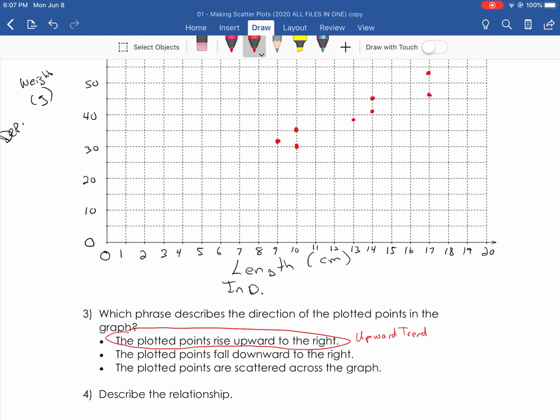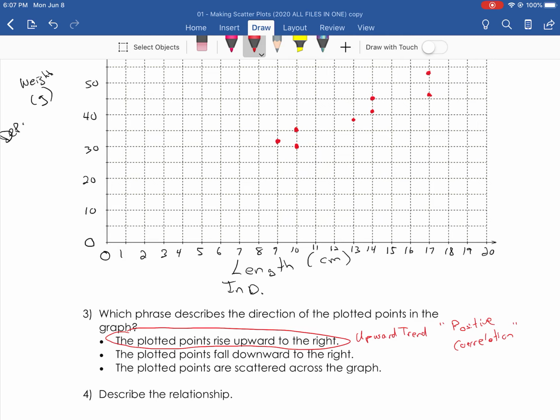Upward trend. And the fancy word for this is positive correlation. So you may see that set of words in later math courses and certainly in science. What we're seeing is a positive correlation. As one variable gets bigger, so does the other one.